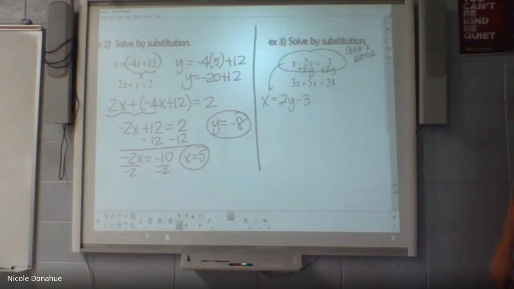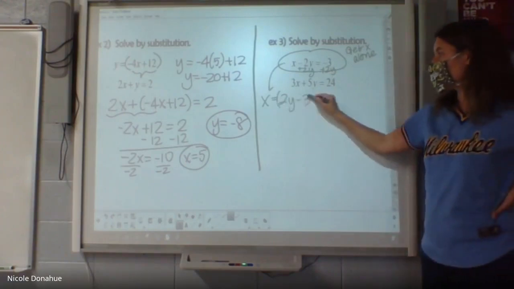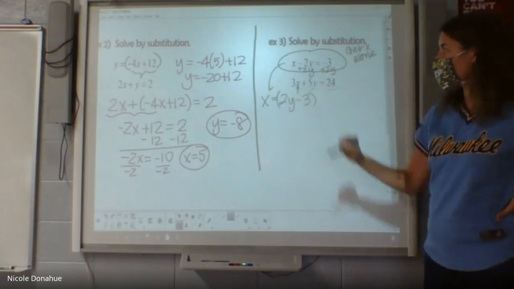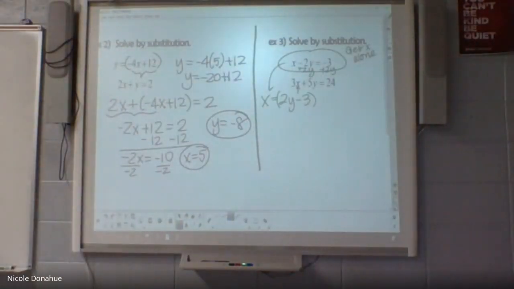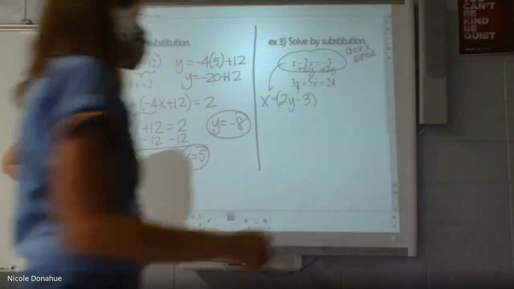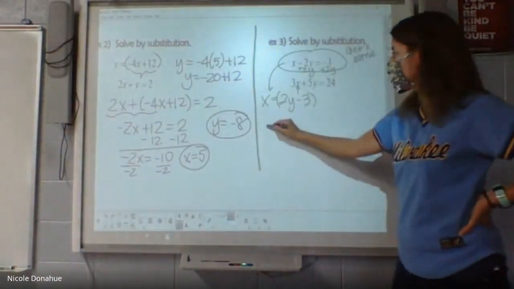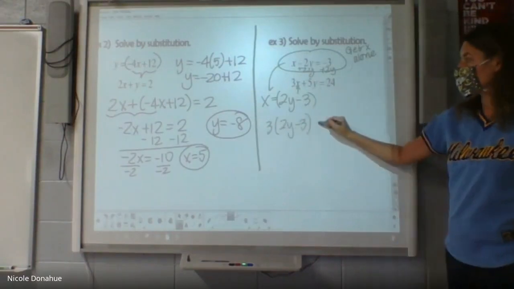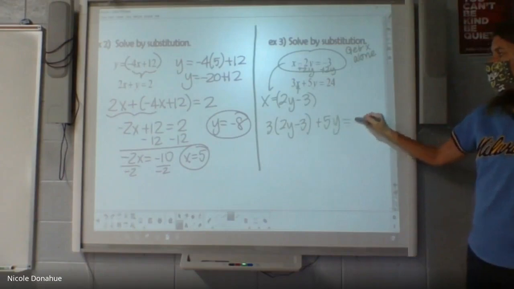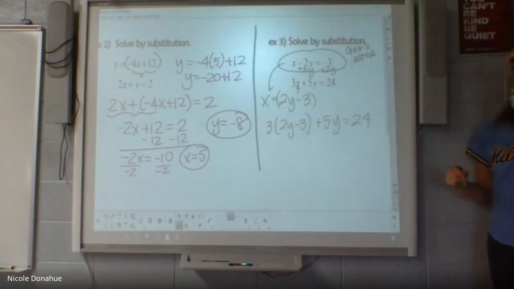Now that I have x alone, I can substitute this back in, but this time it's going in for x, not y. So I have 3 times this 2y minus 3 plus 5y equals 24. I'm substituting that 2y minus 3 in.